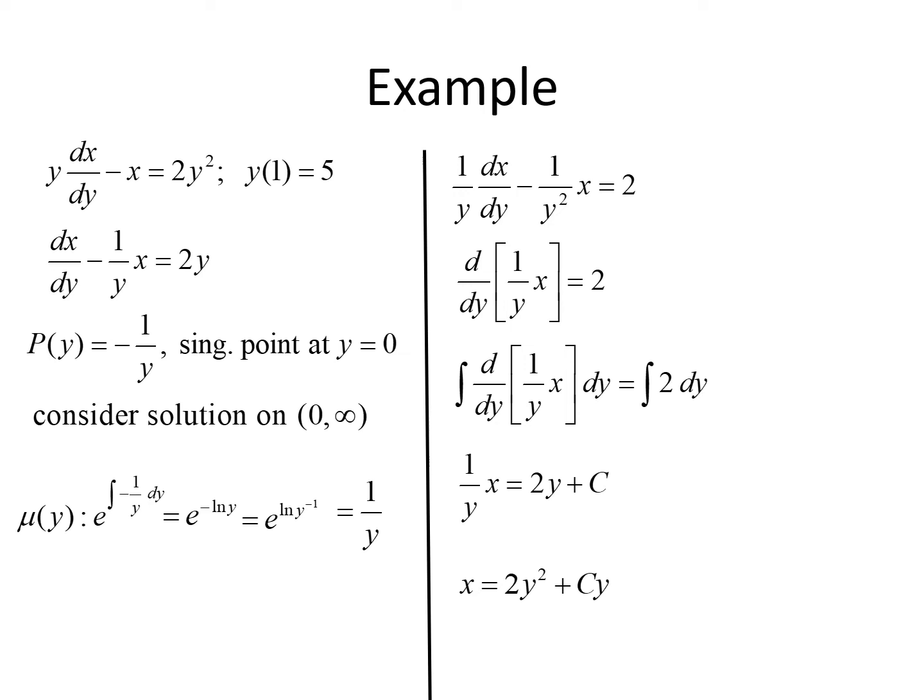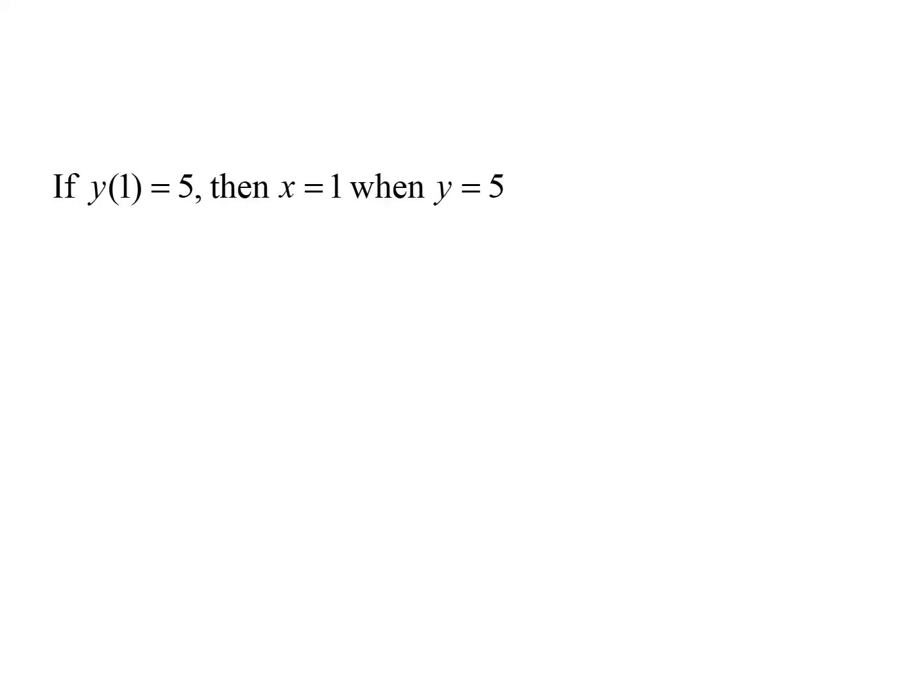But since this was an initial value problem, we have a couple more steps to take. We need to figure out what c is. So remember, they gave us this initial condition, y of 1 equals 5. So we need to apply that to this solution to figure out what the value of c is. So if y of 1 equals 5, that means x is 1 when y is 5. And we'll plug that into our solution.